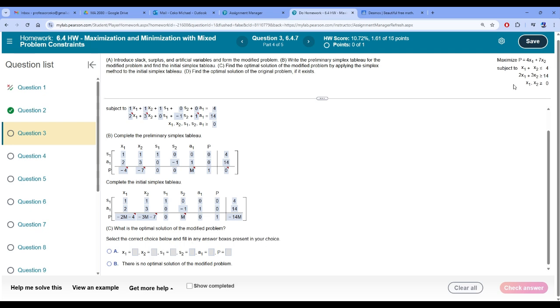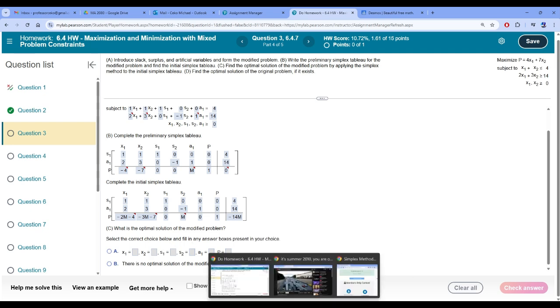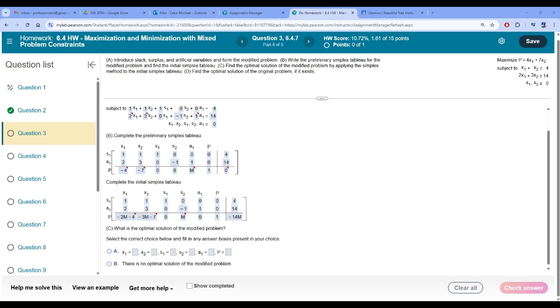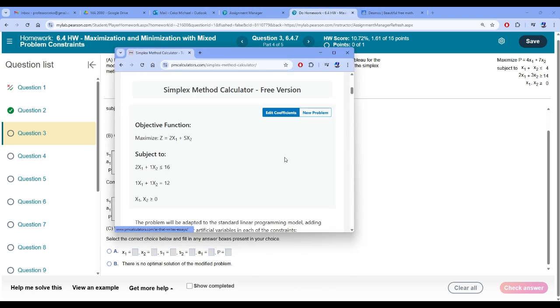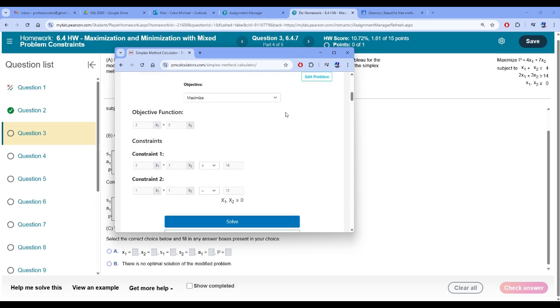I just don't get it. I mean, this is the easy part. You just put it into the calculator to get the answers. To set it up, I just don't understand. Oh my goodness. So here I have two variables, two constraints. I want to maximize it, and it's going to be 4, and this is going to be 7. This is going to be 1, 1 less than or equal to 4.